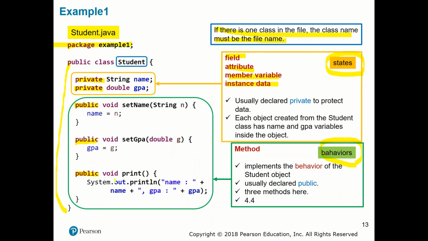There are three methods here. You will learn more about methods in 4.4. So I think you cannot understand everything in the method right now, but I hope you understand that this is a method. And this is the field, attribute, member variable, and instance data. So please be familiar with these terms.